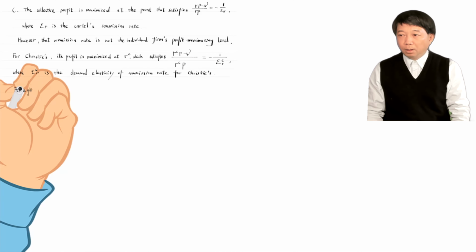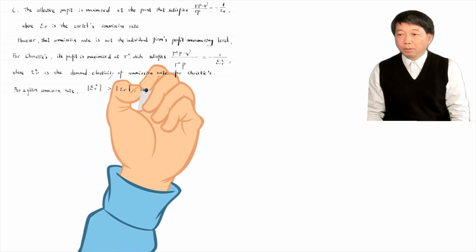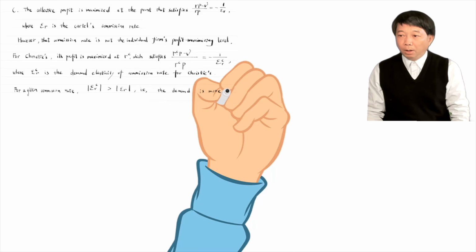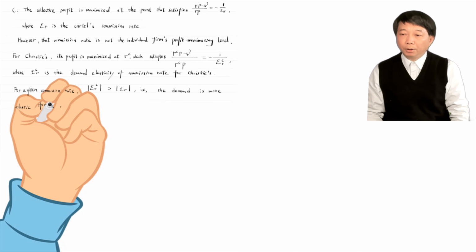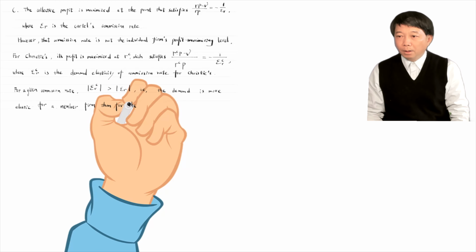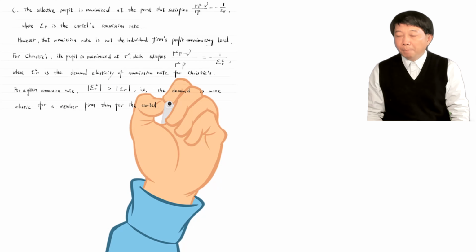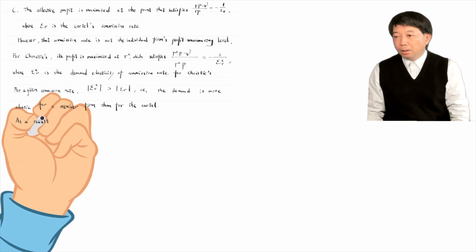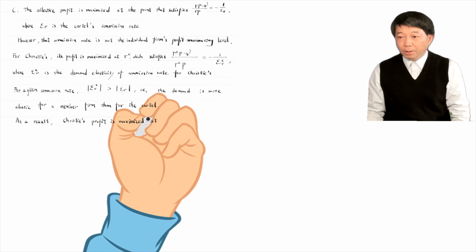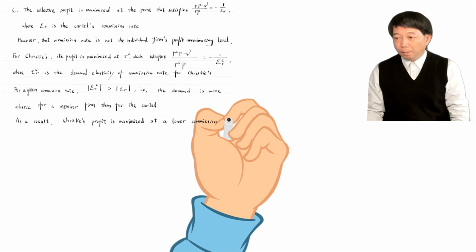For a given commission rate, the demand is more elastic for a member firm than for the cartel. In other words, a member firm's residual demand is more elastic than the cartel's total demand for a given commission rate. As a result, Christie's profit is maximized at a lower commission rate. The algebra is as follows.